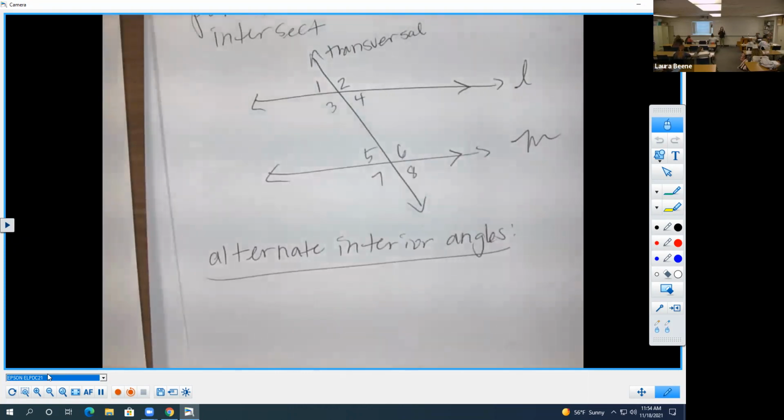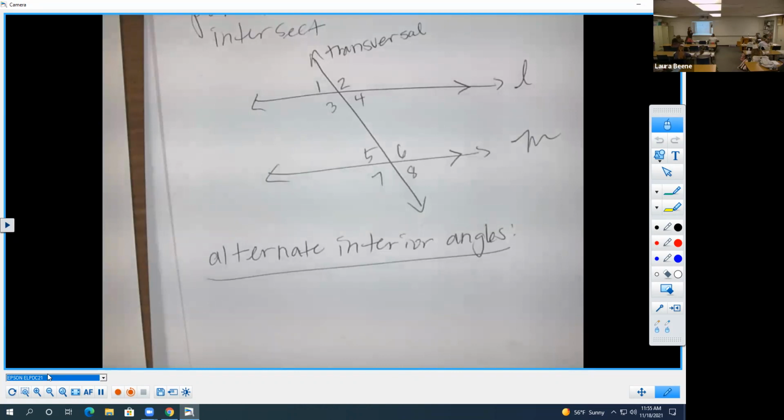They're also interior, so they're inside your parallel lines. So which angles switch back and forth from the transversal but are inside the parallel lines? 3 and 6, because they're on opposite sides and they're inside the parallel lines. What's the other set? 4 and 5. If you need a little bit of help of seeing this, these are like the inside of a Z. If you look at your Z here, that side and that side, you see the Z?